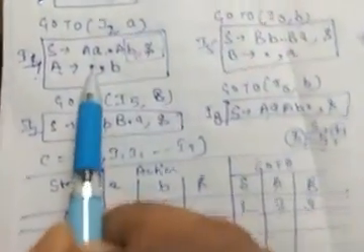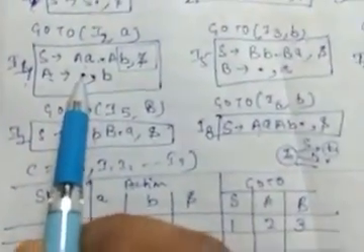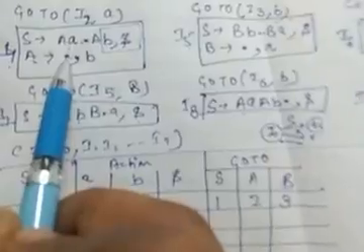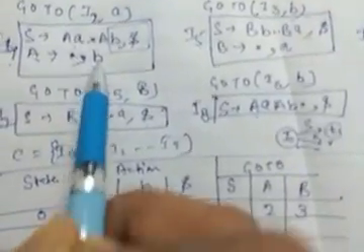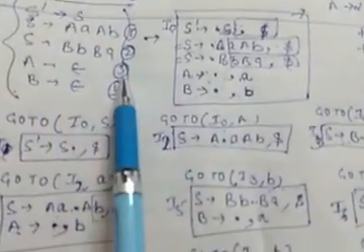In the fourth state, in the second production there is no element after dot, so we will put the reduction action corresponding to the B element. Corresponding to B it will be reduction as A2 dot. A2 dot is production number 3, so it will be R3. Similarly you can fill all these elements.